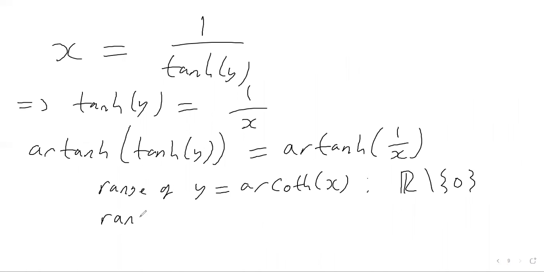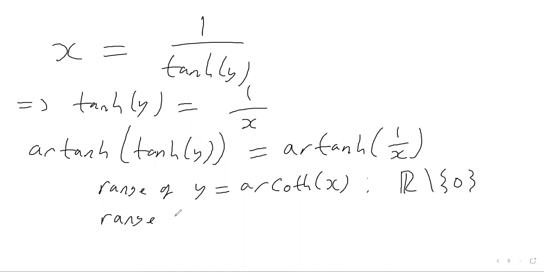So I'll write that there. And we're interested in the domain of this tanh function. If the domain of this tanh function contains the range of this y function, then we're okay. We don't need to worry about keeping this as it is. We can actually just cancel the artanh and the tanh out. Because tanh and artanh are inverse functions, the domain of this tanh function is the same as the range of this artanh function.